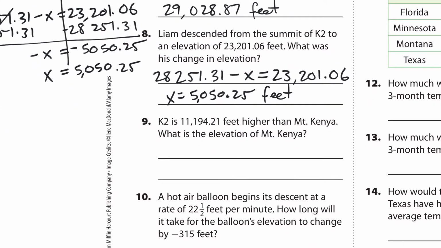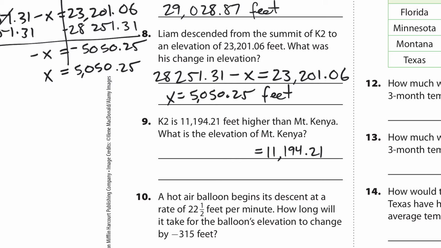K2 is 11,194.21 feet higher than Mount Kenya. What is the elevation of Mount Kenya? So K2, the height of it, is 11,194.21 higher. That is, right? So there's our is.